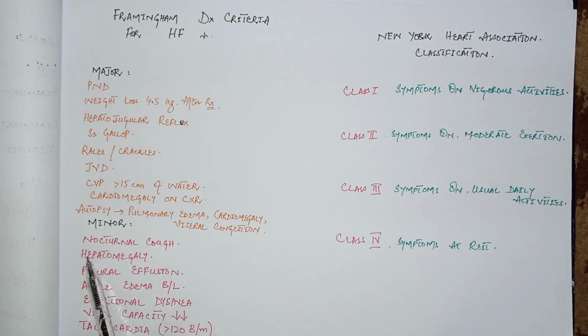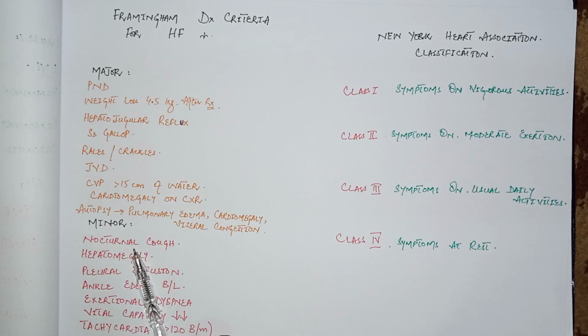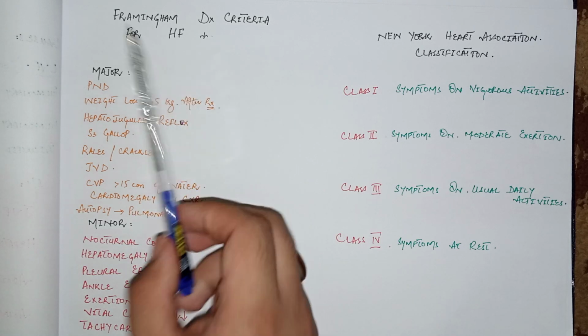The minor criteria are nocturnal cough, meaning dry cough at night, hepatomegaly, pleural effusion, bilateral ankle edema, exertional dyspnea, reduced vital capacity because of the pulmonary congestion, and tachycardia when the heart rate is more than 120 beats per minute. So these are the minor criteria. If one major criterion and two minor criteria are positive, it is also diagnostic of heart failure.